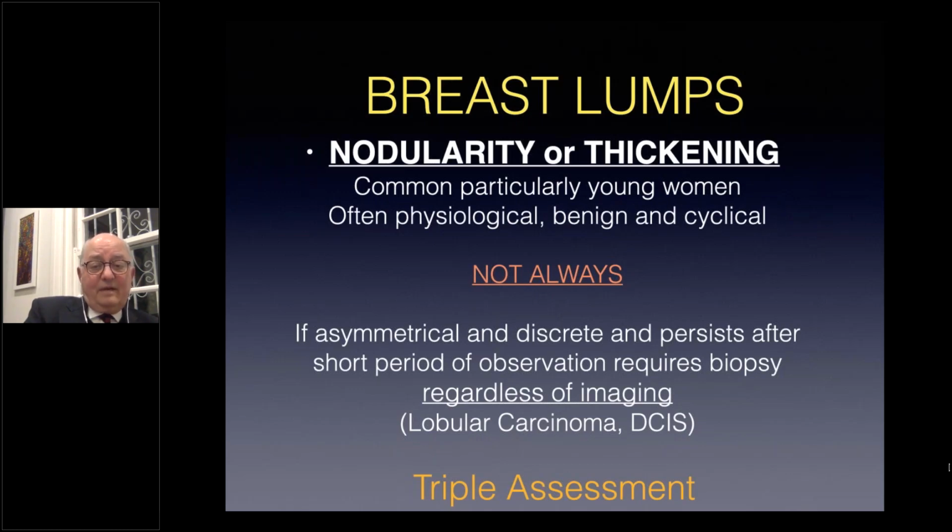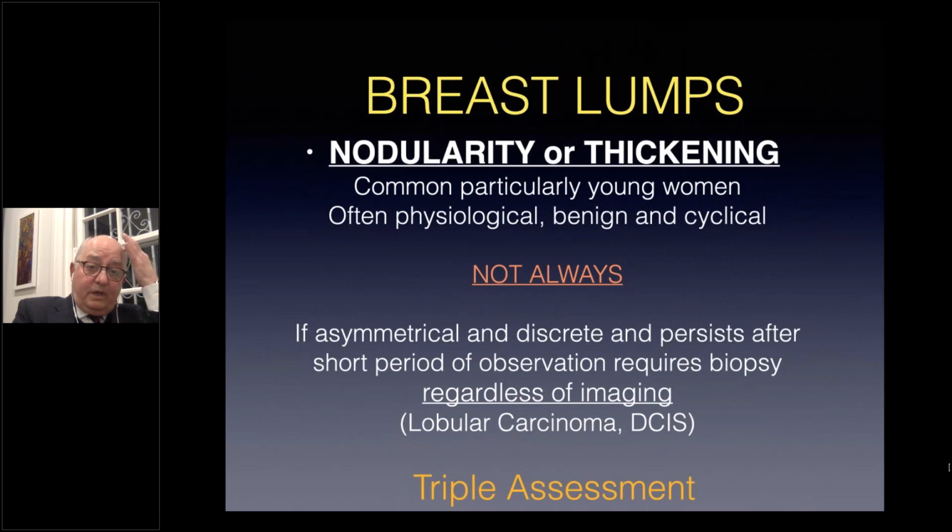biopsy into that area. And the reason is that lobular carcinoma and DCIS may be very, very subtle, not seen on imaging, but only clinically palpable as some thickening. So if you do have people with focal asymmetric signs, sure, you can watch them for a short while, but if it persists, even with negative imaging, I suggest you go to a biopsy.